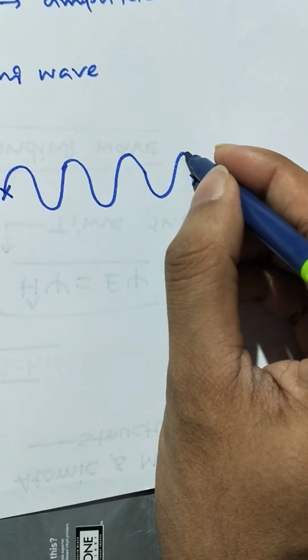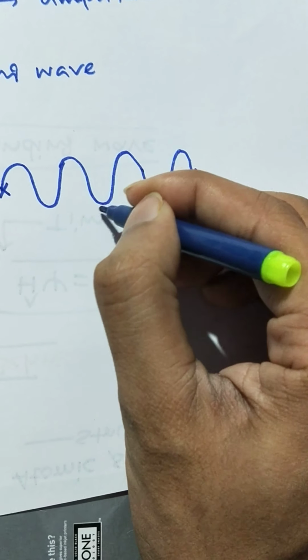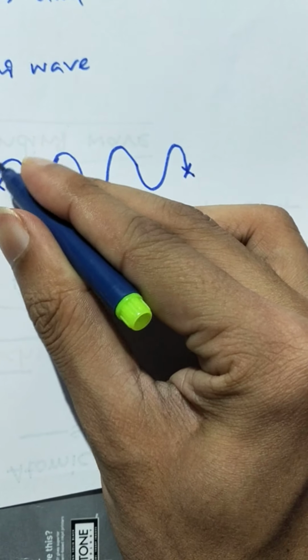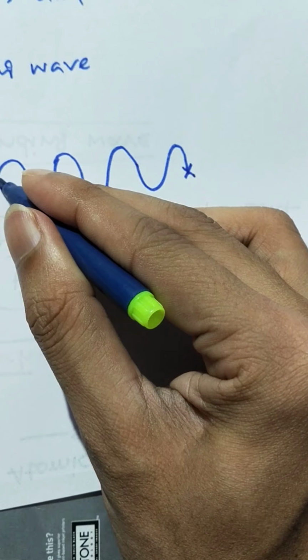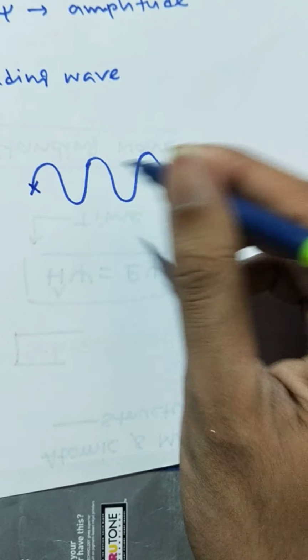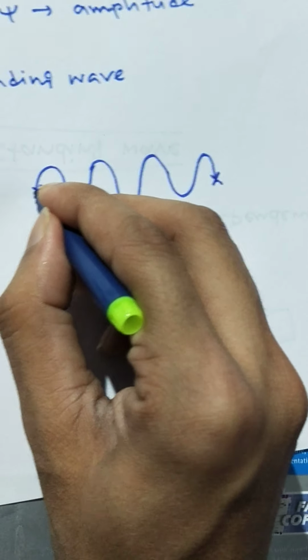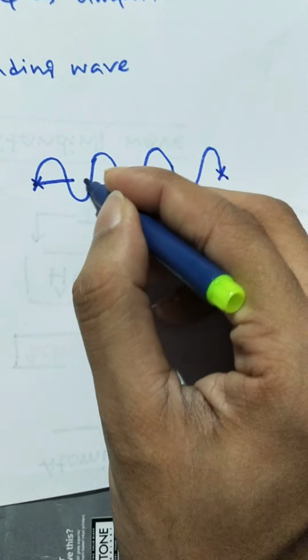If it reflects the wave this way, then the total amplitude is 0.